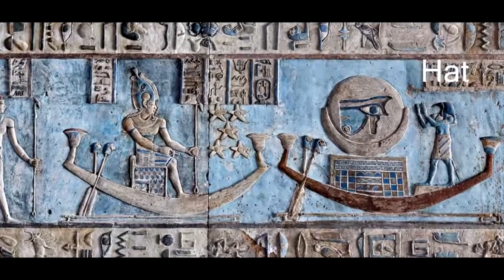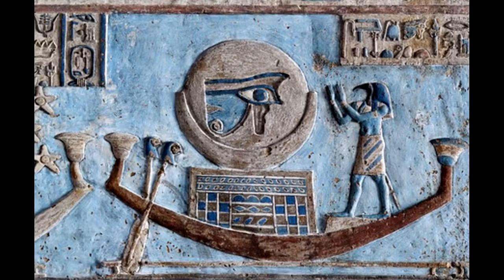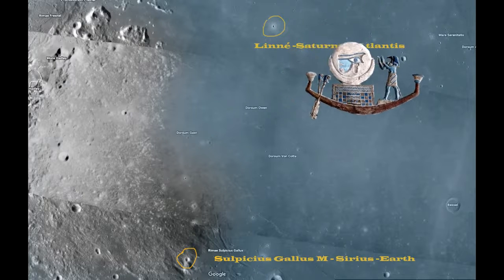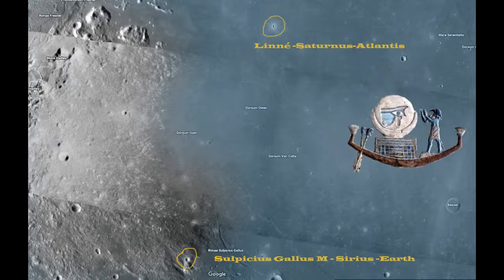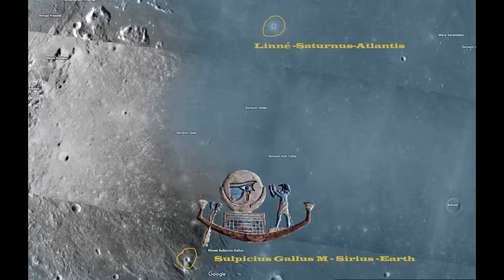One boat in particular caught my attention. The bark of Nuank. What is this energy form? Well, that's for my next video.